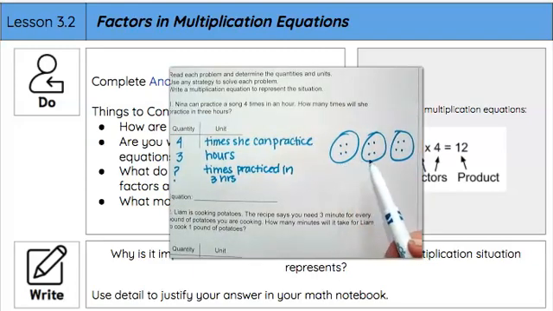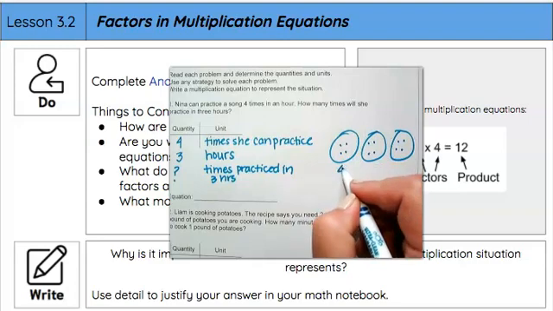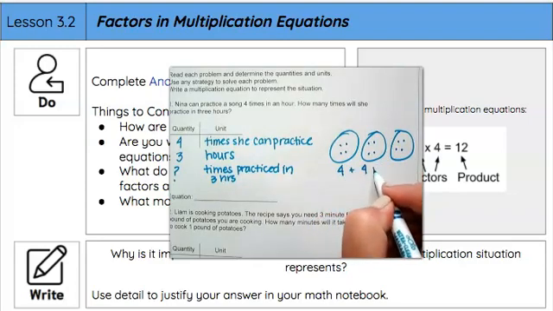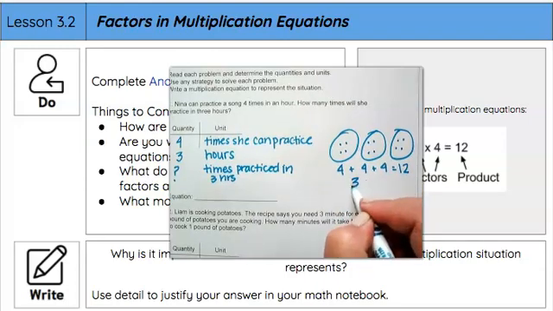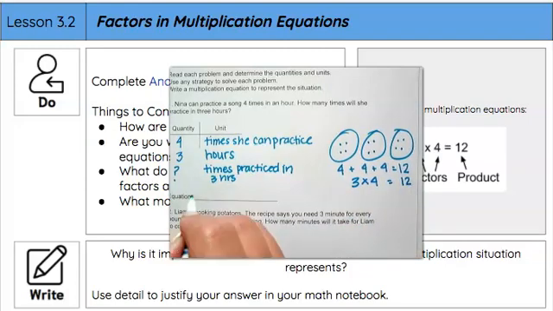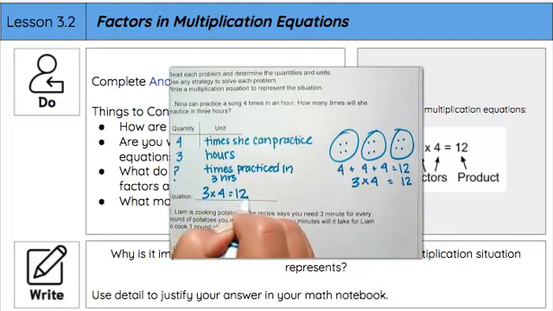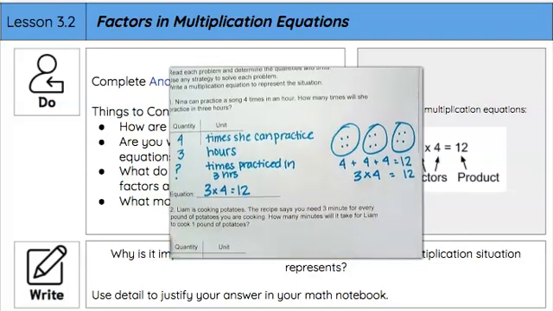My circles represent my hours, and then my dots represent how many times she practiced within that hour. So then I'm going to use repeated addition to solve, and my equation to solve. So 3 times 4 equals 12.